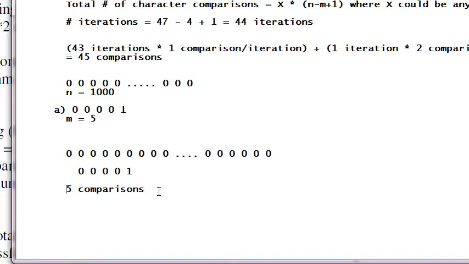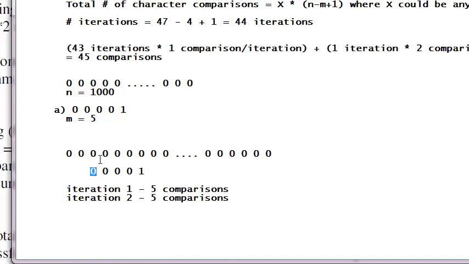In iteration 1 we do 5 comparisons, and in iteration 2 we do 5 comparisons, and so on. In the 3rd iteration we do another 5 comparisons, this 0 with this 0, the second 0, then the 3rd, and so on, right?